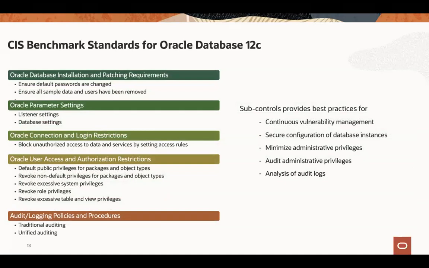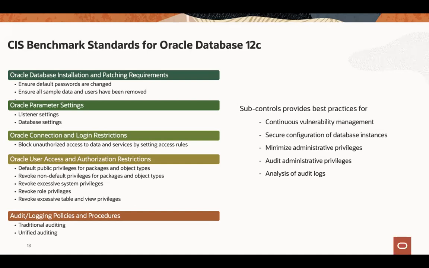Getting into the next level of detail in the CIS space, the way the CIS benchmark is defined is categorized into these 5 buckets: Oracle database installation and patching requirements, parameter settings, database connection and login restrictions, user access and authorization restrictions, and audit policies and procedures.